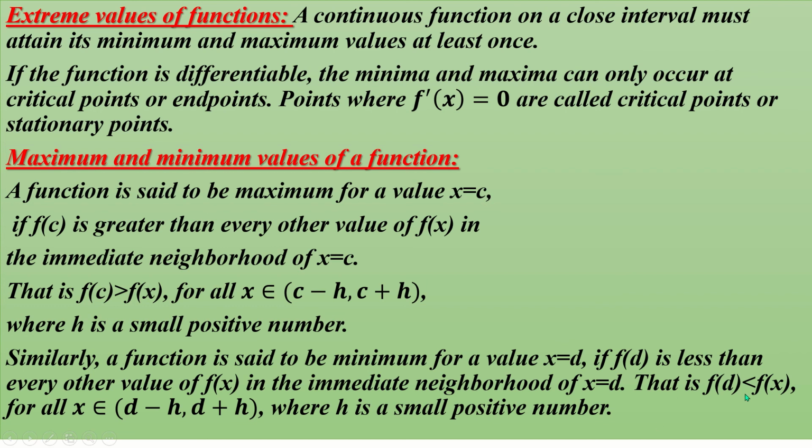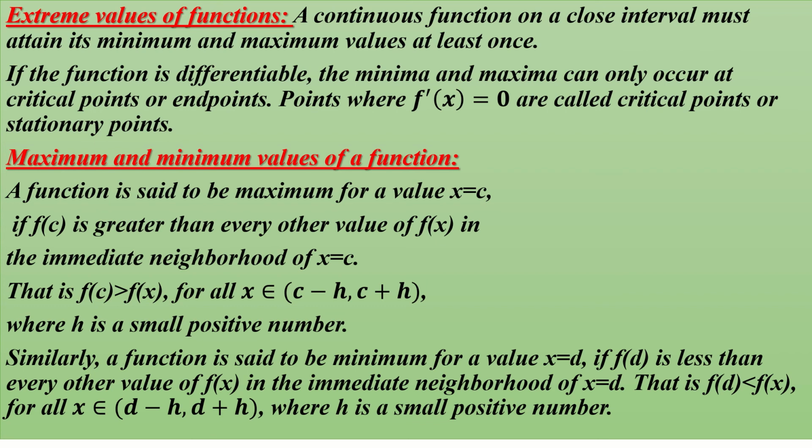By applying sin x, we can also explain. That means the minimum value of sin x is -1. So when we put sin of minus 90 degrees, we get -1, and other than minus 90 degrees, the value will be greater than -1.